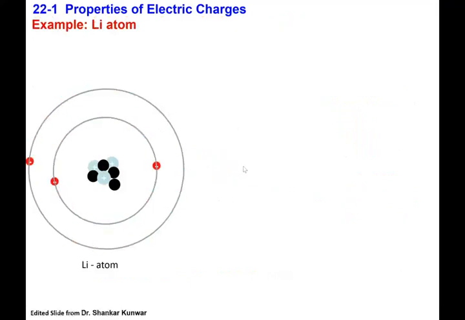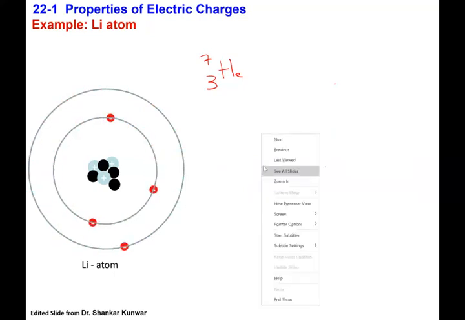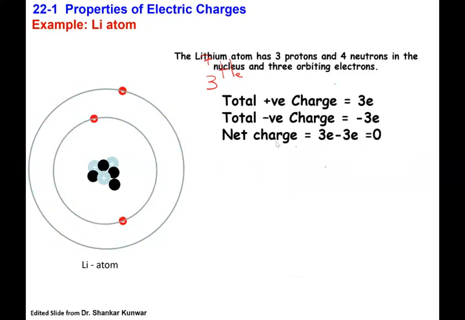Okay, so take lithium, for example, the lithium atom, and you can count. It has 4 neutrons and 3 protons. In this case, if we write helium, we should use helium. It has 7. The atomic number is 3 and the number of protons is 3. Same thing for the number of electrons. So the total positive charge is +3, the total negative charge is -3.